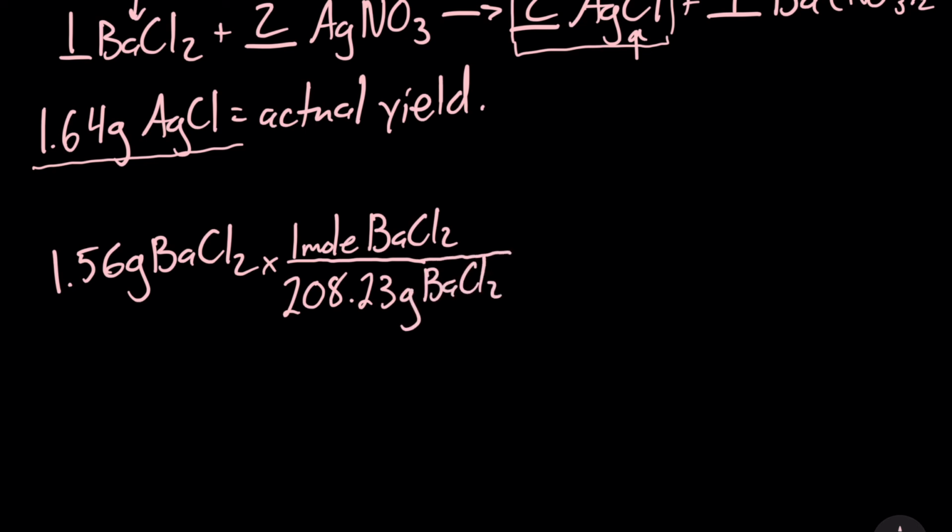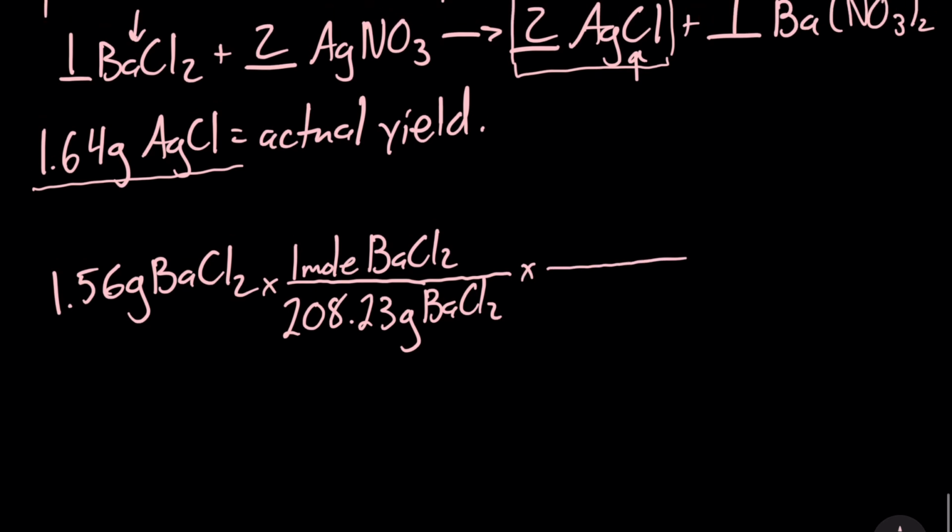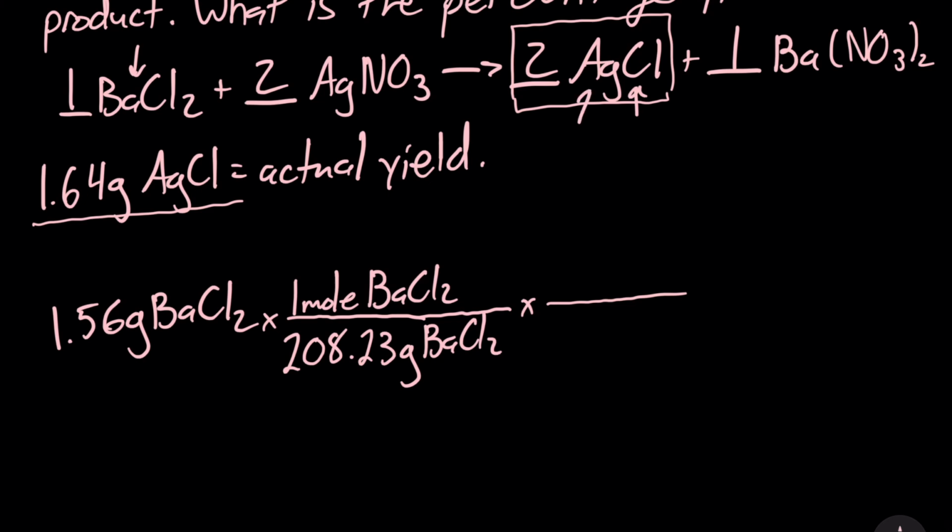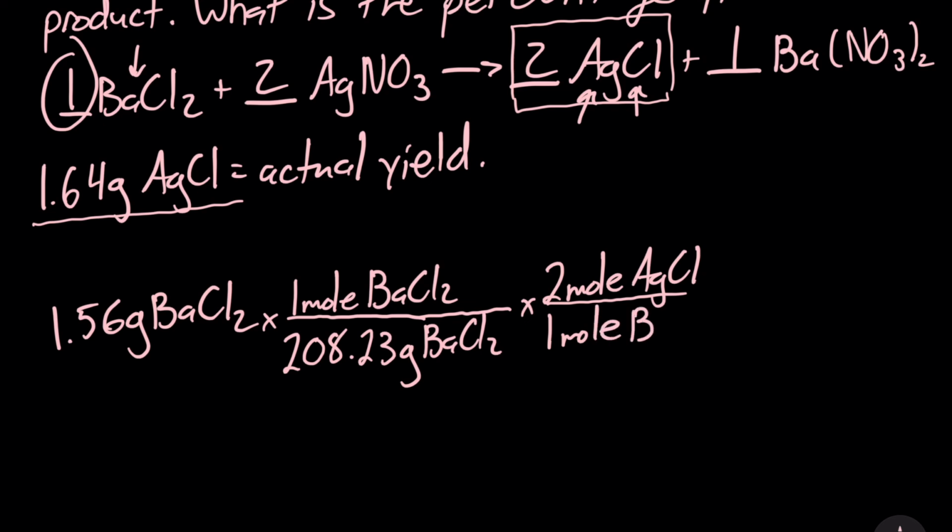Our first units are crossed off. Now we want to get to moles of AgCl because we eventually want to find the mass of it. So from our balanced reaction, we have 2 moles of AgCl for every 1 mole of BaCl2. So we have to take that into consideration.